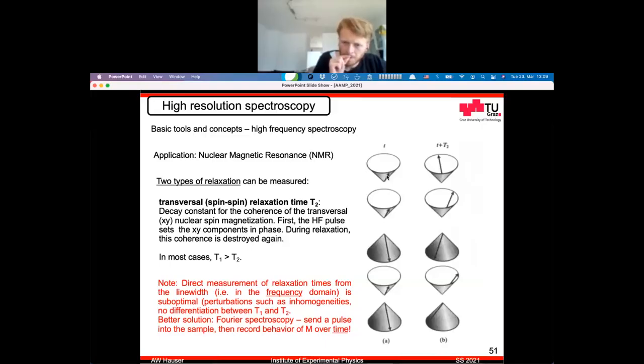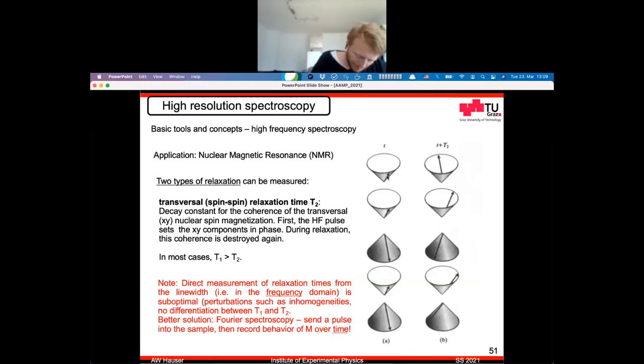But because of this transversal relaxation process, the magnetization vector gets smaller and smaller, because it's eventually in an equilibrium where all of the cone positions are again possible at the same time, and your net magnetization in this plane will be zero. And the time for this to happen is the time T2, the transversal relaxation time.